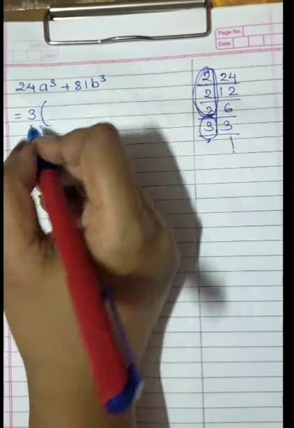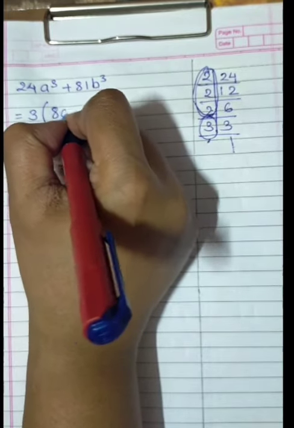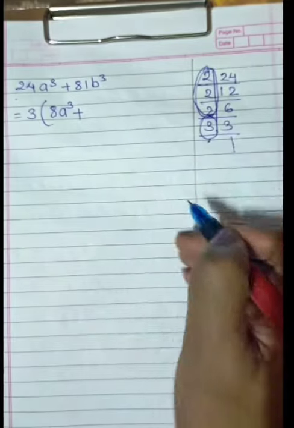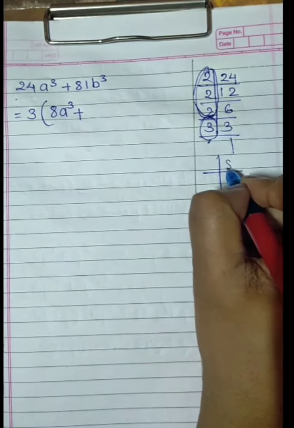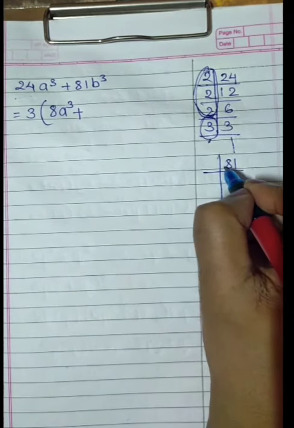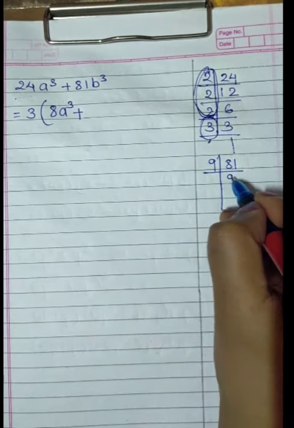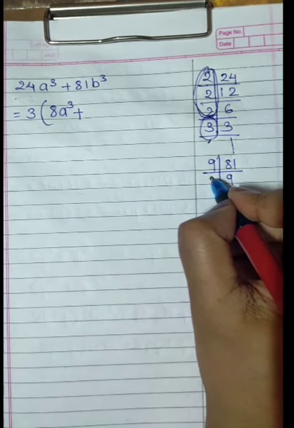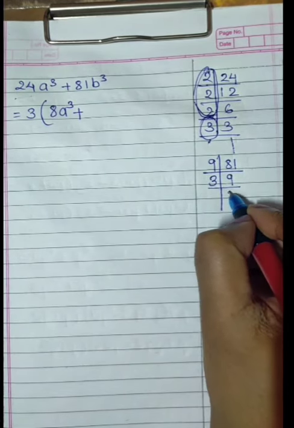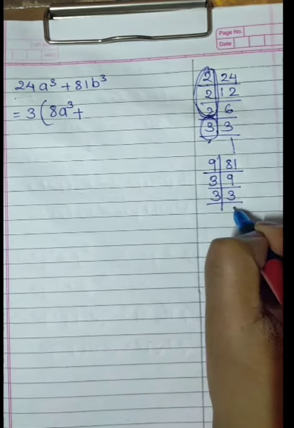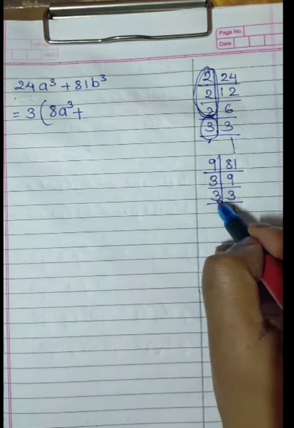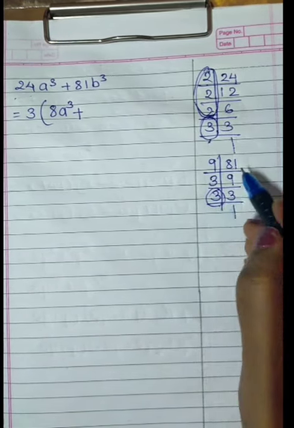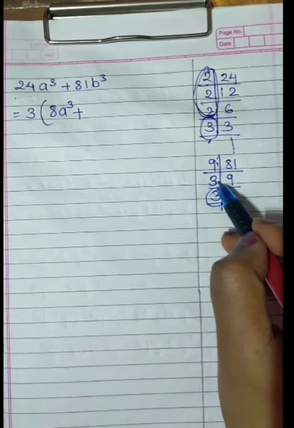So 3 8s are 24 plus, again we will take the LCM of 81, 9 9s are, okay, then 3 3s are, 3 1s are. So we got here also 3, so 3 9s is what, 27.